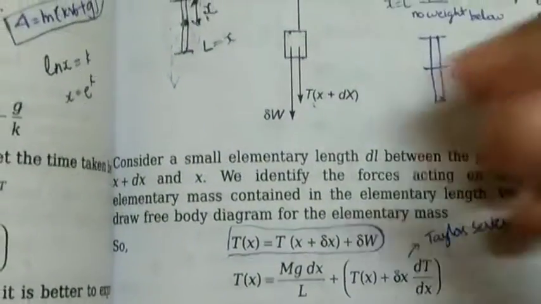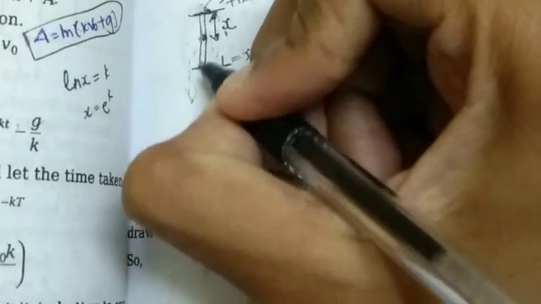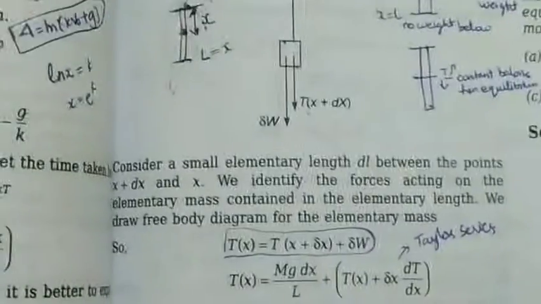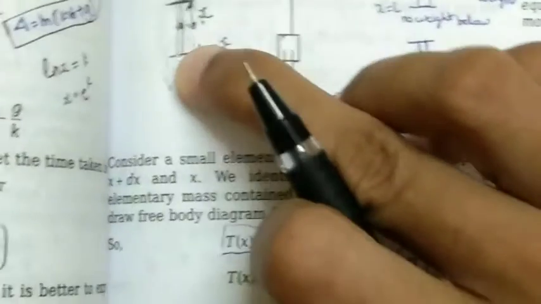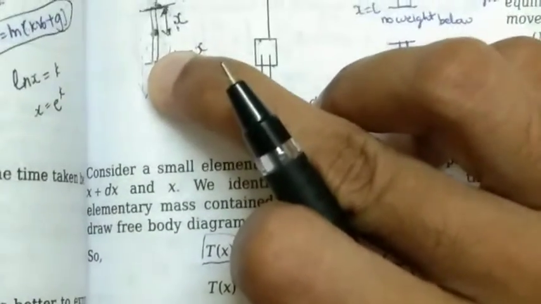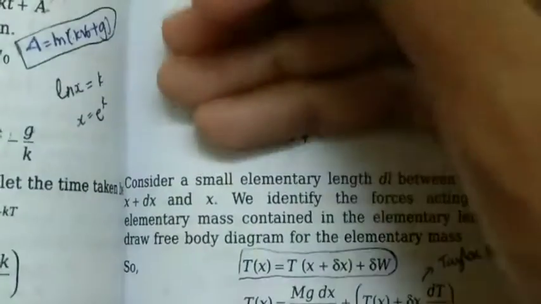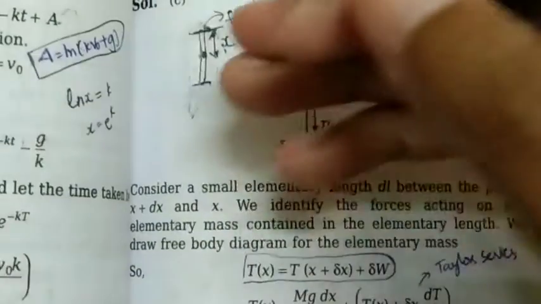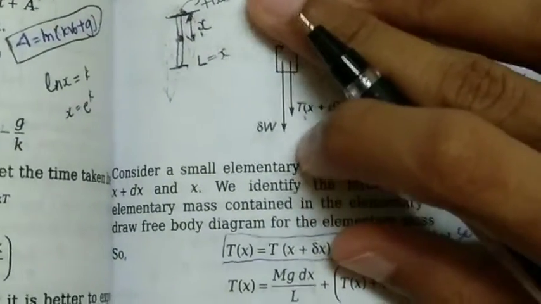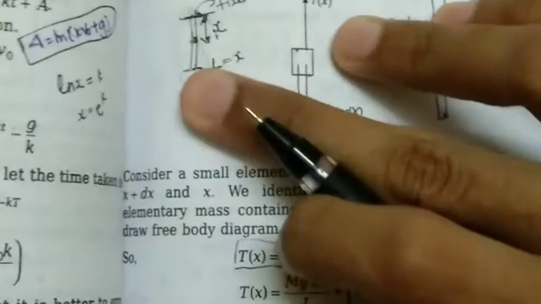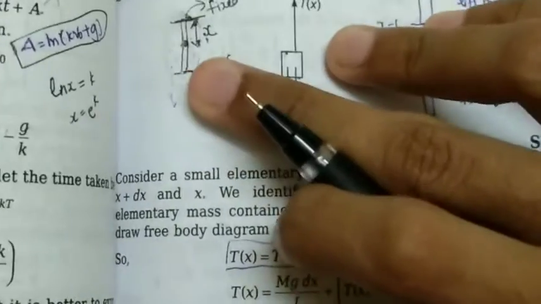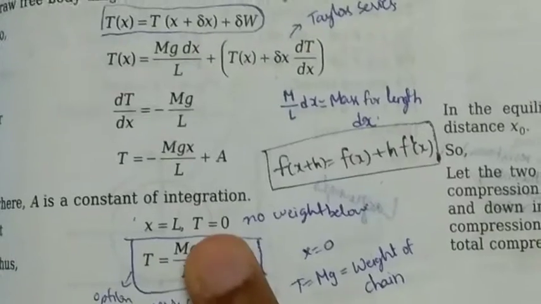At x equals L, this point does not need to lift any mass because there is no mass below this point. If it does not need to lift any mass, there is no tension. Tension would be 0 at this point. When there is mass below the point, only then will we get some tension, some force, because of that weight. Here there is no mass below this point, hence tension would be 0. That's why at x equals L, t is 0.